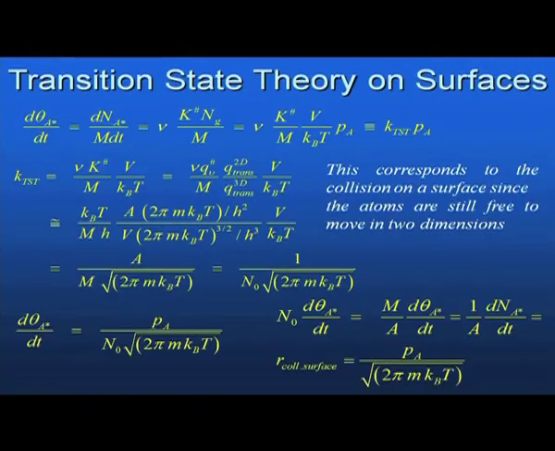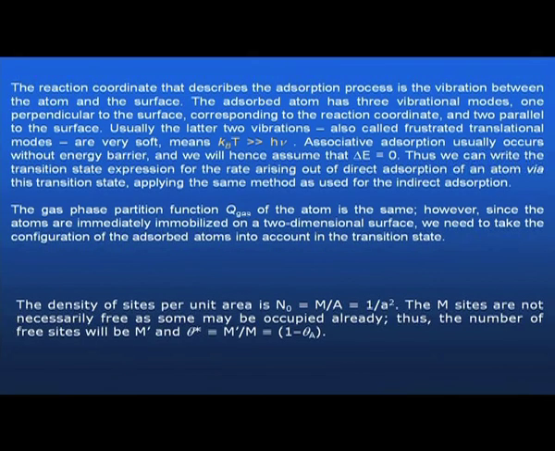Next we will move on to the direct adsorption process of atoms. Now, in this case the reaction coordinate that describes the adsorption process is the vibration between the atom and the surface. So, you have got the surface like this, and suppose you have got the atom which is bound over here. The reaction coordinate will be this particular motion.